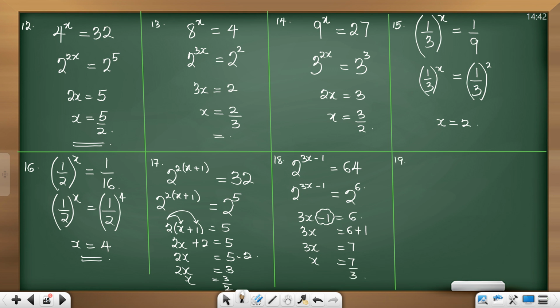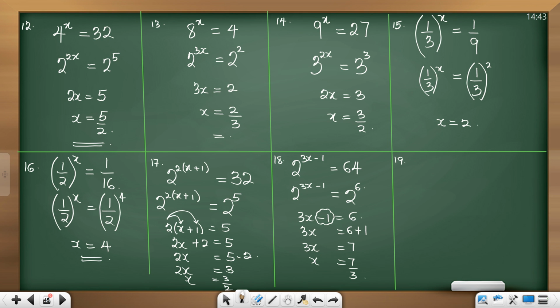Okay, and we have the last one. Let's try this one. Oh, I did that one already. I wanted to do something like number 13.